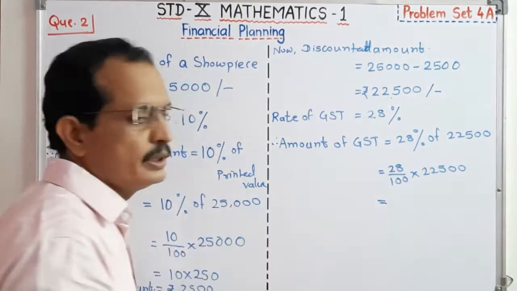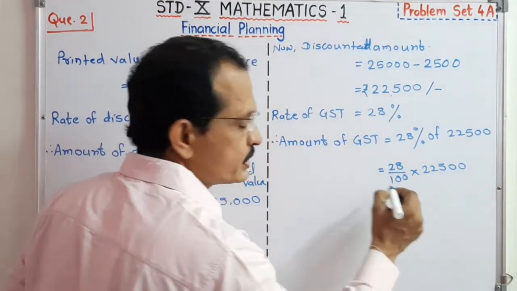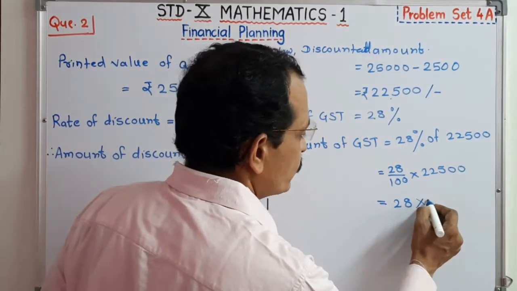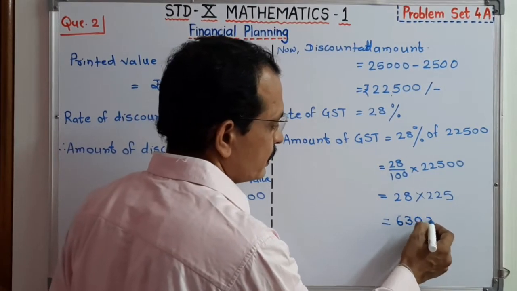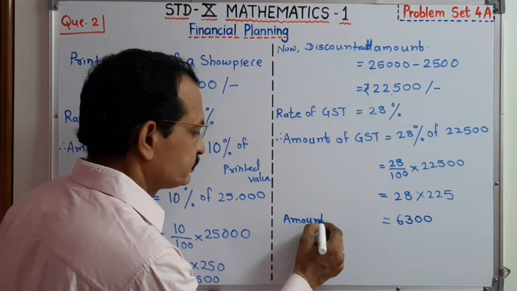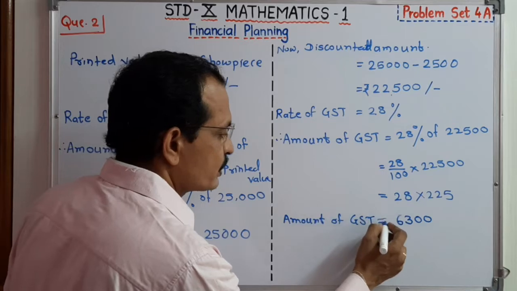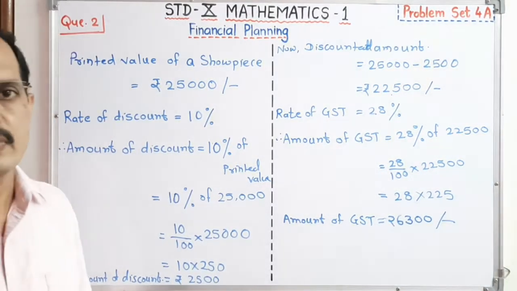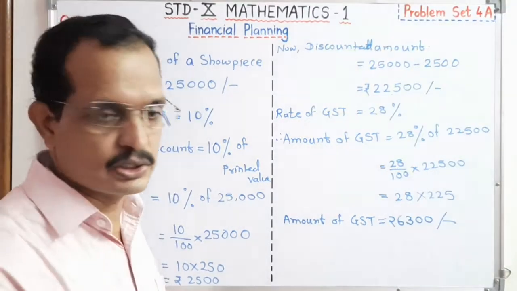Dear student, see here, this 100 gets cancelled. It is 28 into 225. It is 6300. Therefore amount of GST is equal to rupees 6,300.